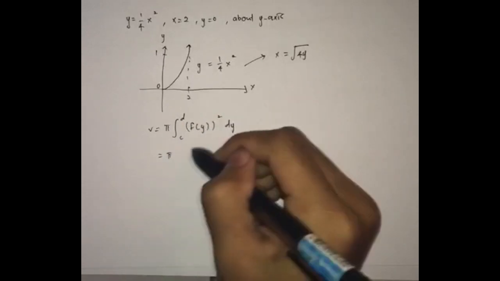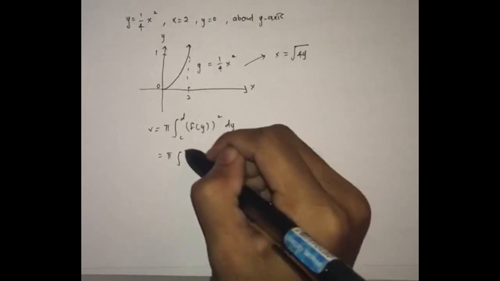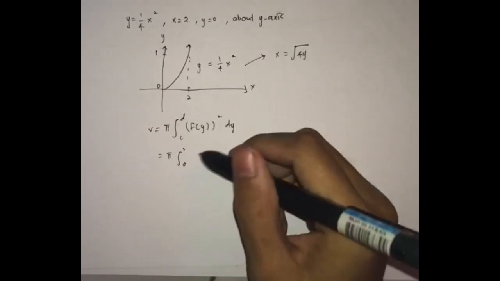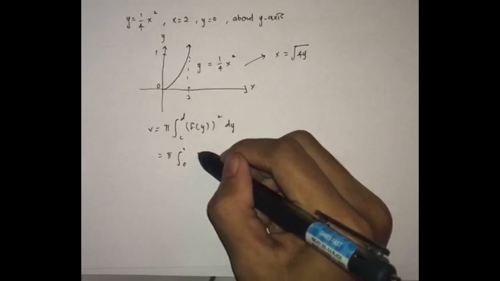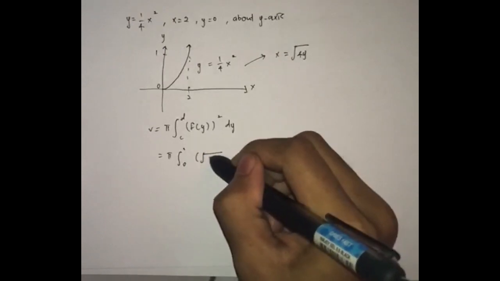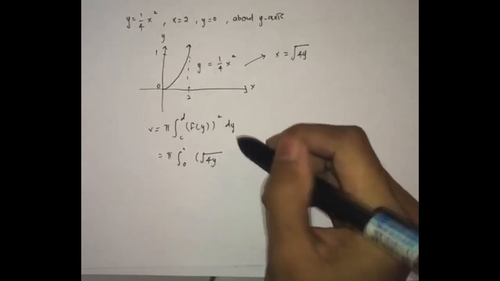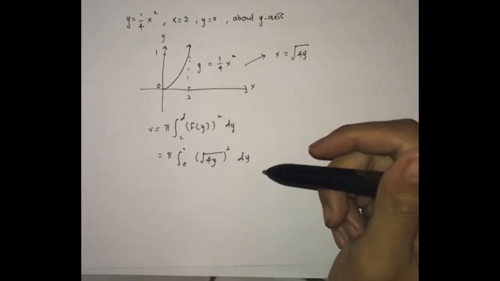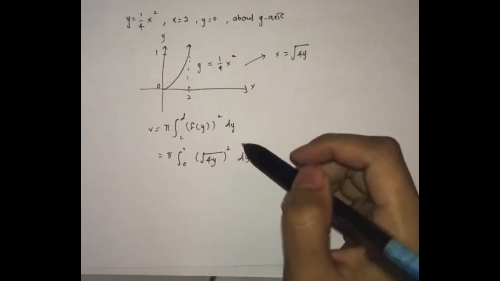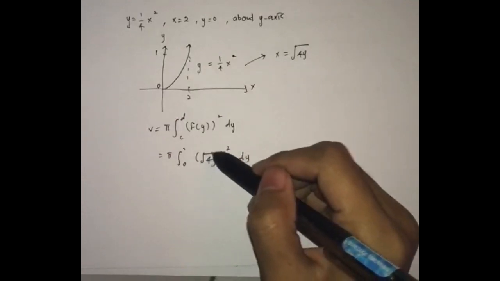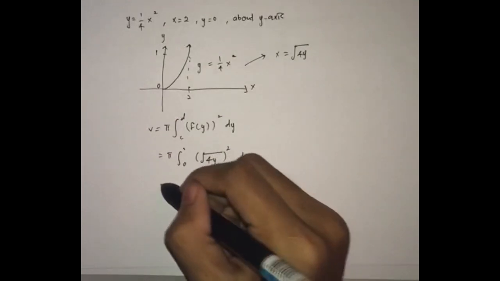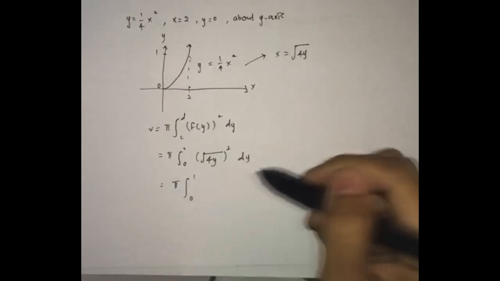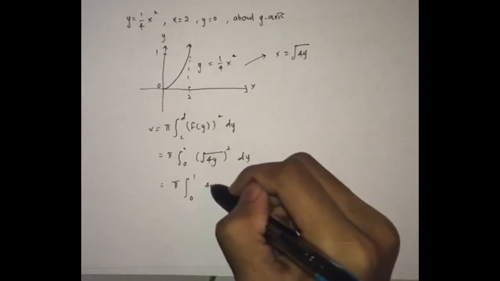So pi integrate 0 to 1 f(y) squared will be square root of 4y squared dy. Then the power and the surd symbol will cancel out each other. Equal to 4y dy.